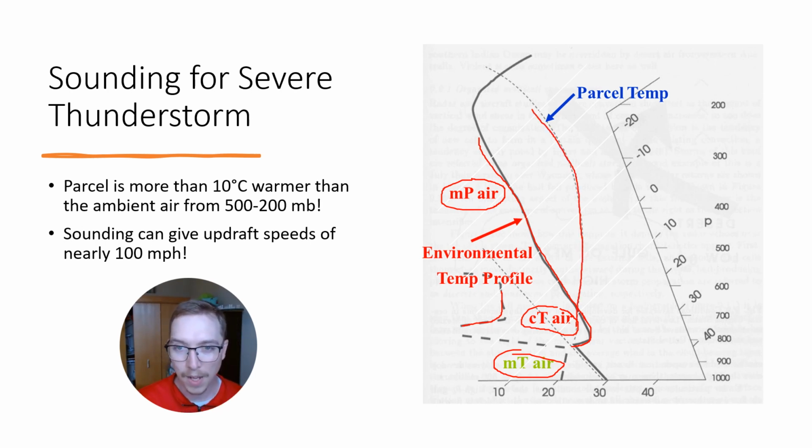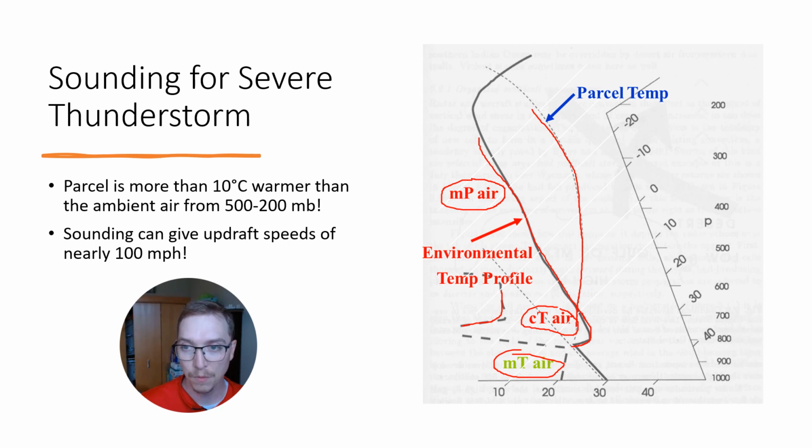So we've got a lot of different things going on here, right? We're not really going to dive into soundings too much, but just to continue painting the picture, this parcel is, in this case, more than 10 degrees warmer than the ambient air from 500 to 200 millibars.